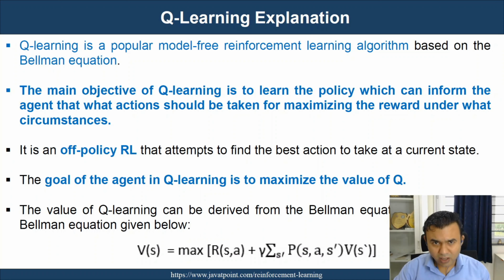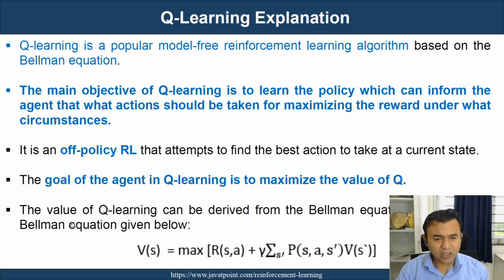If I summarize, Q learning is an off-policy reinforcement learning method that attempts to find the best action to be taken at the current state, and the goal of the agent in Q learning is to maximize the Q value.